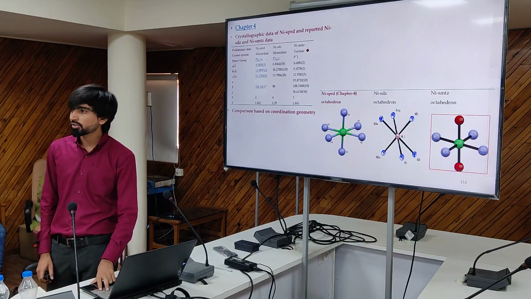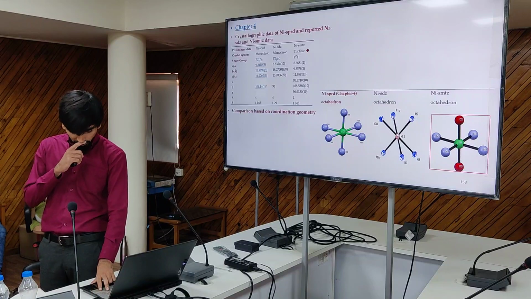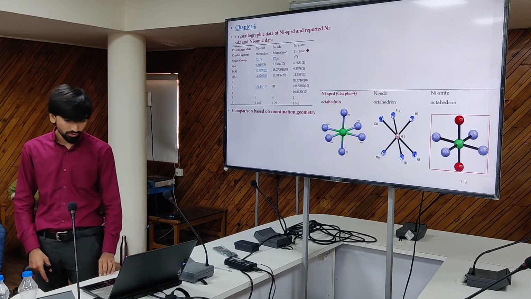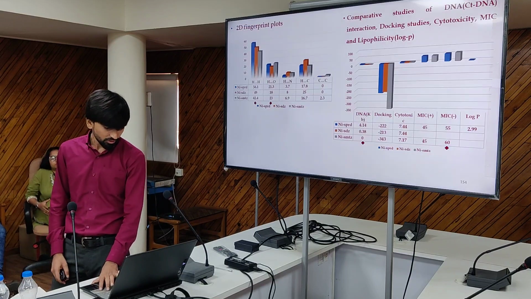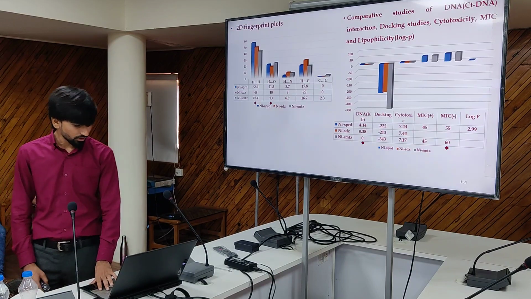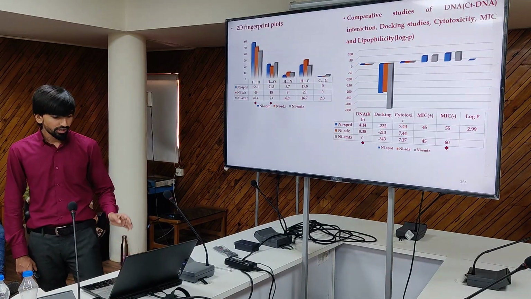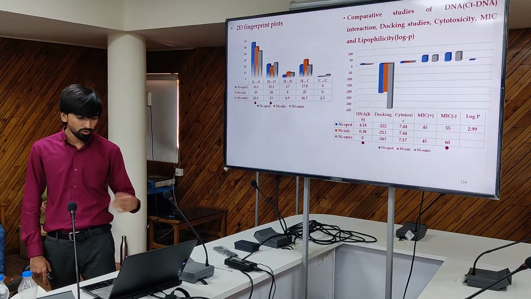Chapter 4, the nickel complex of sulfapyridine. I compared it with the nickel complex of sulfadiazine and the nickel complex of sulfamethazole. All are in octahedral geometry. In the 2D fingerprint plot, the nickel complex of sulfapyridine that I synthesized in my laboratory has more hydrogen interaction compared to the reported data.